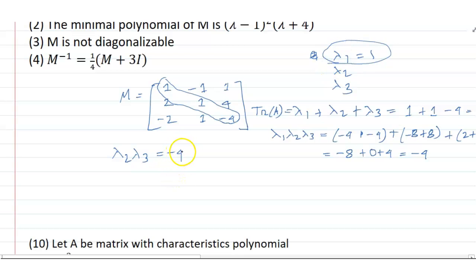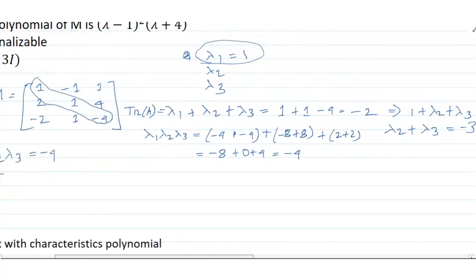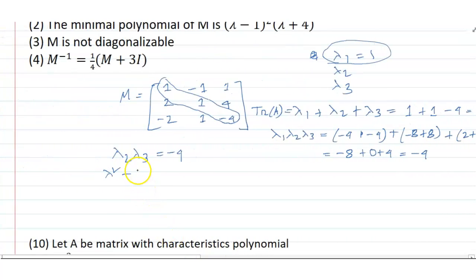So I have to find out lambda 2 and lambda 3. So my problem is lambda square minus 3 lambda minus 4 equals to 0, that is x square minus 3x minus 4 equals to 0. So we get a quadratic equation. This equation I will solve.